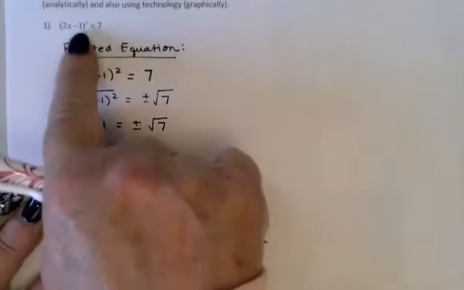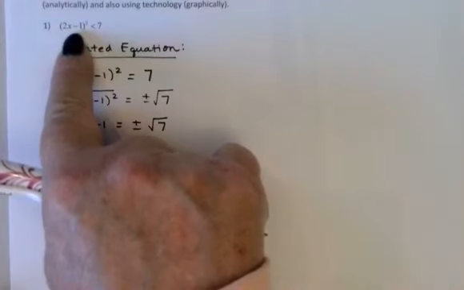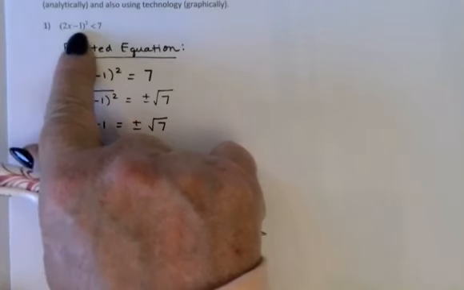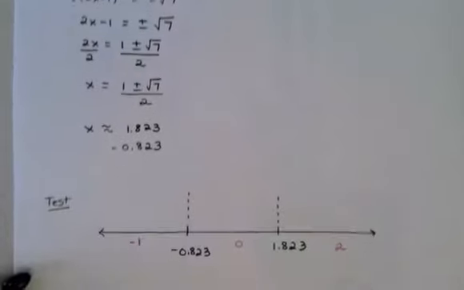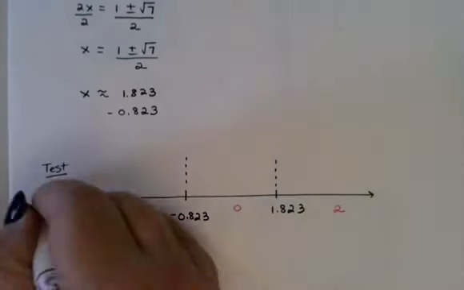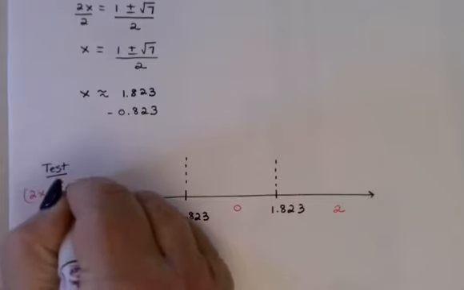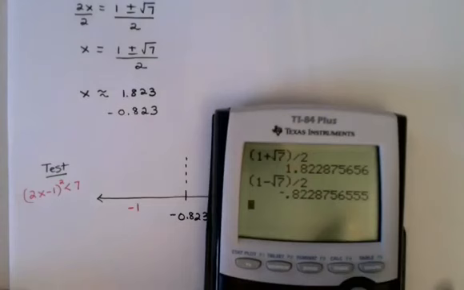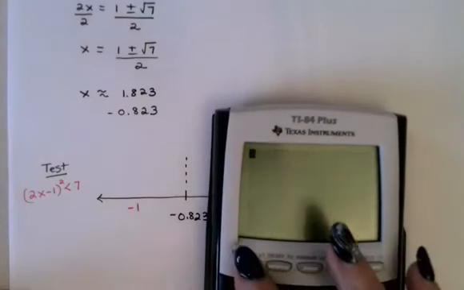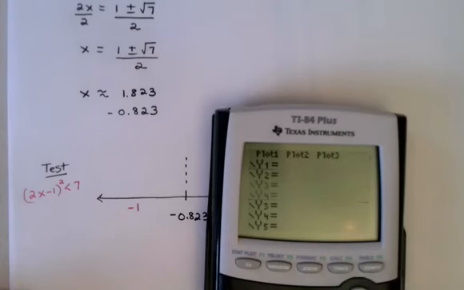And again, my original inequality, what I'm testing for, is 2x minus 1 squared is less than 7. All right. I'm going to use a calculator table just to make my job a little bit easier.